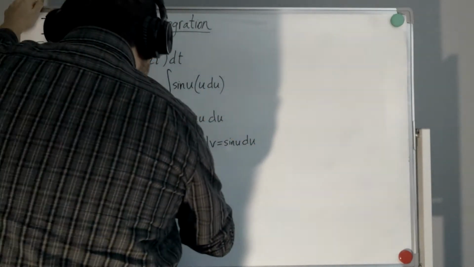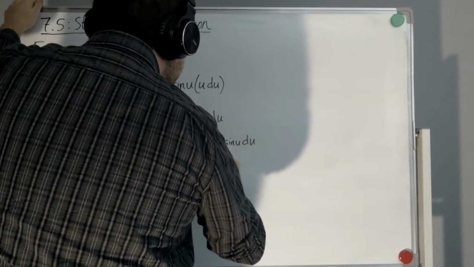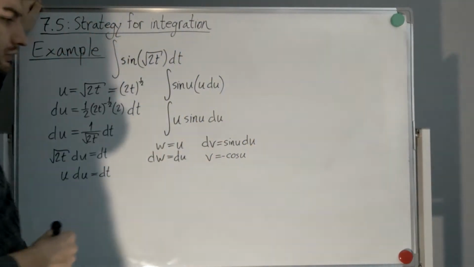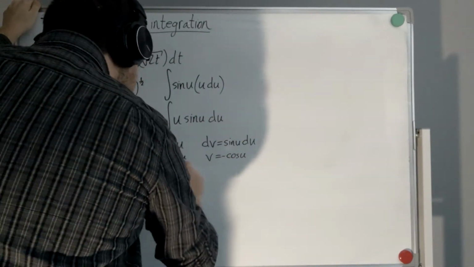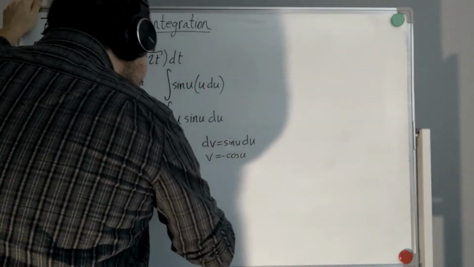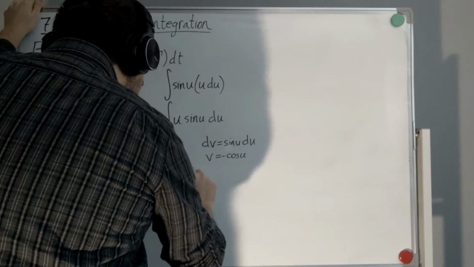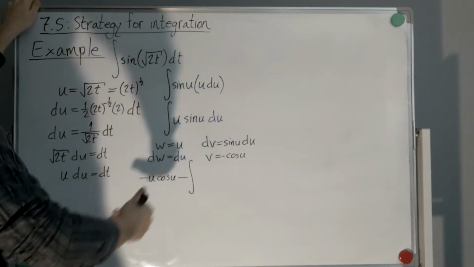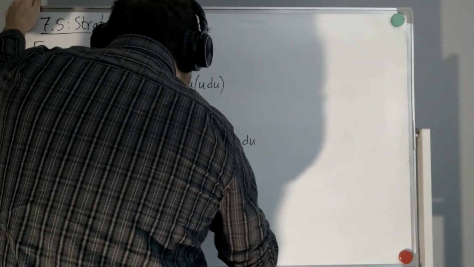In that case, dw is du, and v is going to be negative cosine u. Now then, in that case, this becomes wv, so that's going to be negative u cosine u minus the integral of v dw, which in this case is just going to be negative cosine u du.